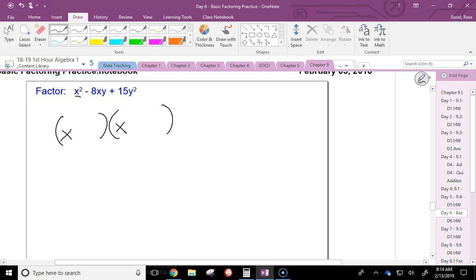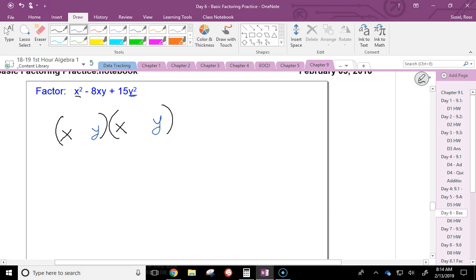We have 2 variables. But here's what I can see. Because this one is y squared, all that means is my second term is going to have a y in it. So my first term is going to be x, and then my second term is going to have a y in it.